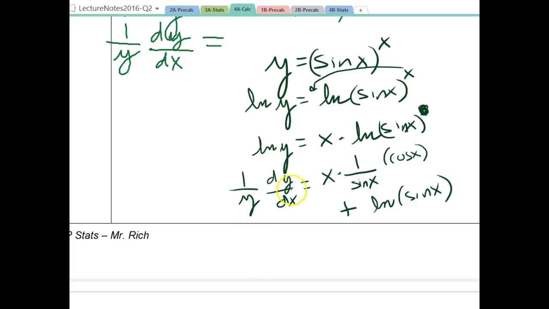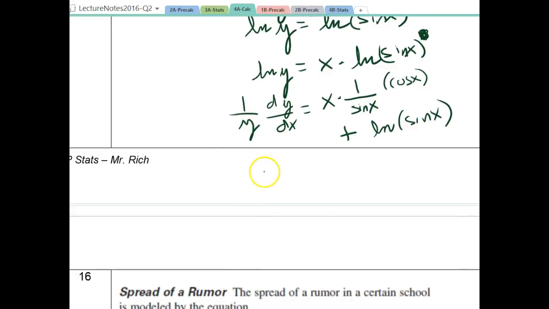Now, I want to solve this for dy dx, so I'm going to leave the dy dx here. I'm going to multiply both sides by y, so what I get is y times, and I'm going to simplify this right-hand side. Now I've got cosine x over sine x, which is cotangent x, so it's x times cotangent x plus the natural log of sine x.